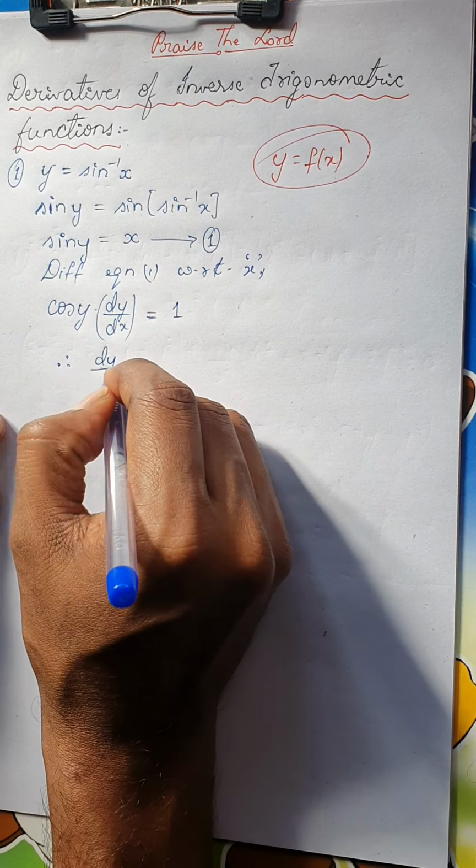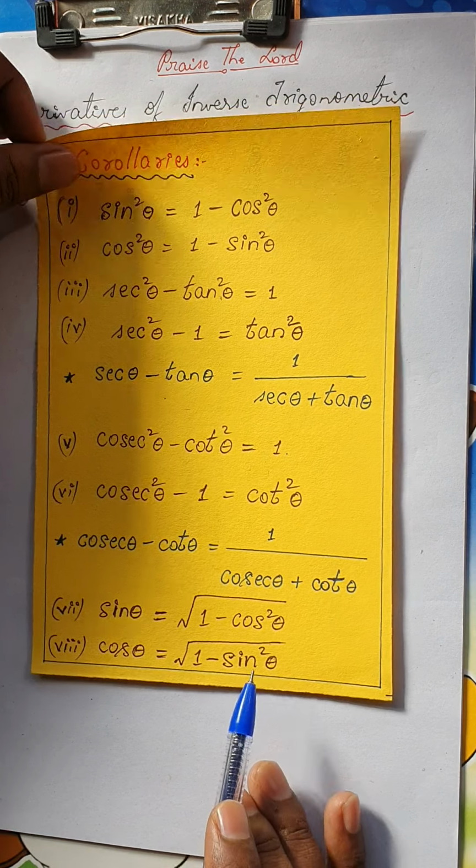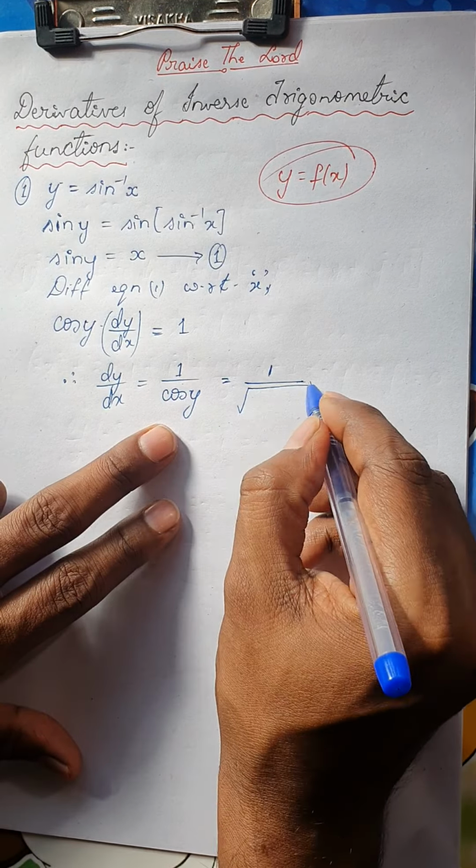Using these we get these corollaries, which you have already studied in first PUC. From that I am going to use this result: sin theta is root of 1 minus cos square theta, or cos theta is root of 1 minus sin square theta. So using this, cos y can be written as root of 1 minus sin square y.